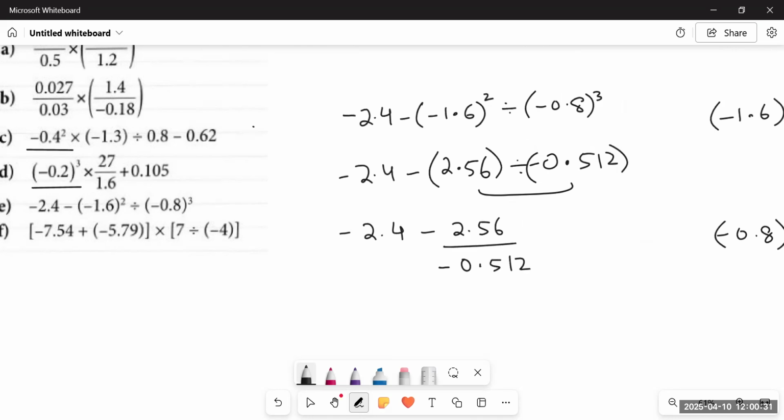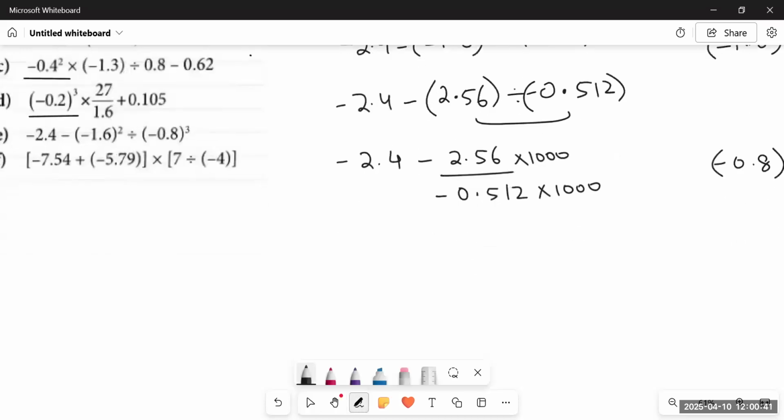Okay, then what will happen? We will multiply both of them with 1000 to remove the decimal places. So it becomes minus 2.4 minus minus cut plus 2560 upon 512.